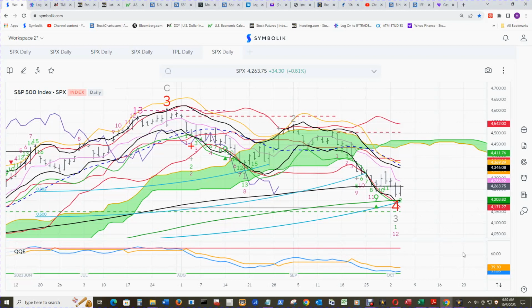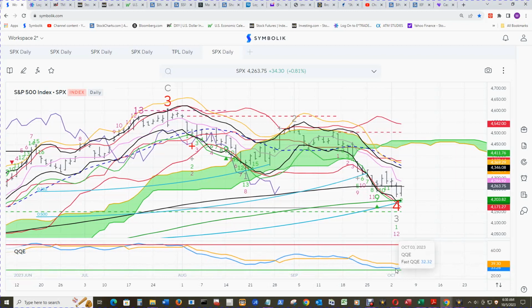And the QQE bounced off of a quite low level, went down to 32.32, so almost to 30, and had a little tick up. So yeah, we're really oversold here.